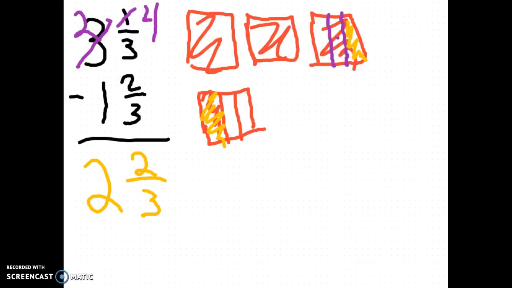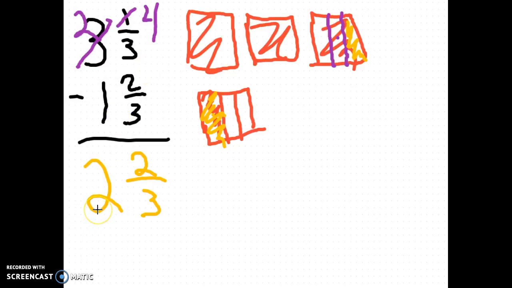So what we've done here is we've looked at our denominator, and it tells us that in one whole we have 3 parts. So we took one of our whole and divided it into 3 parts. So our 3 became a 2. Then we added those 3 thirds to the 1/3 that we already had and got 4 thirds. Then we were able to subtract.